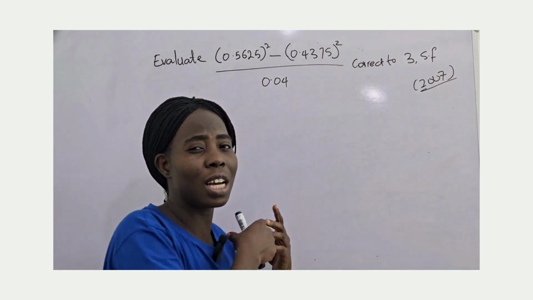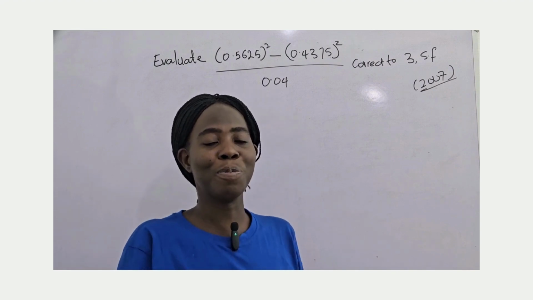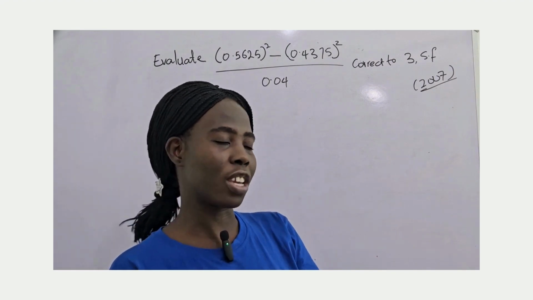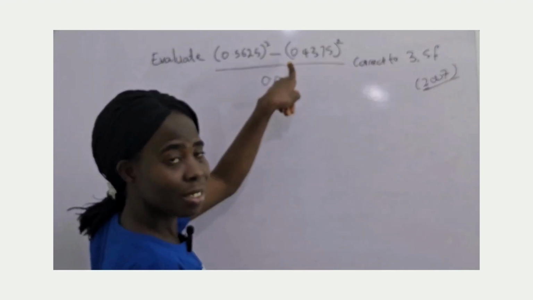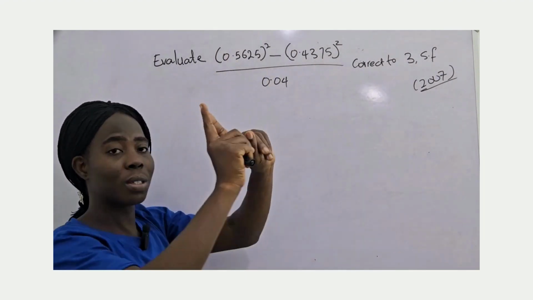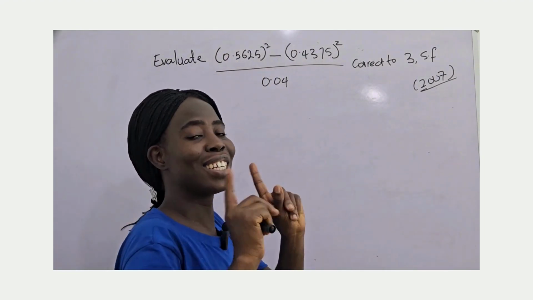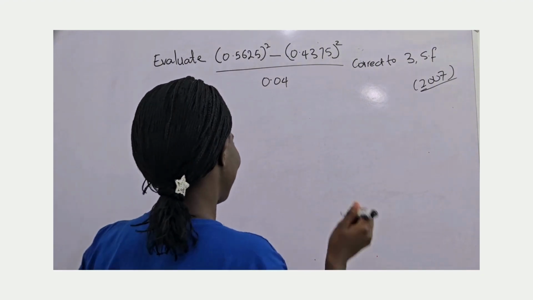Now, this is a question that should be a time saver, a walkover for you if it comes in your JAMB exam, provided you understand the trick. Whenever you are to take the difference between squares, we use what we call the formula of difference of squares. Now, what does that formula say?